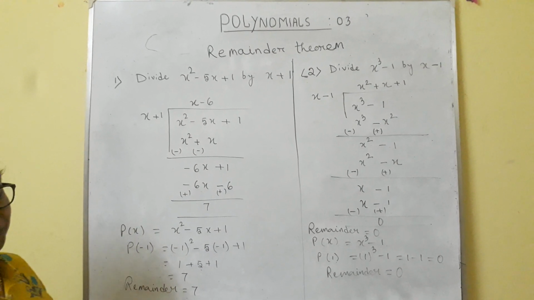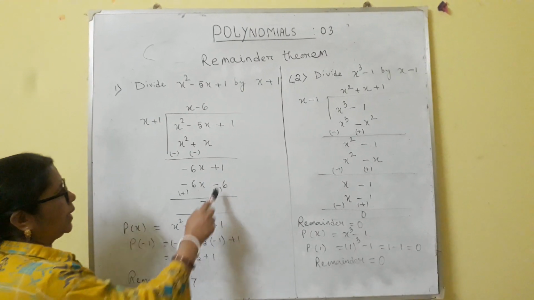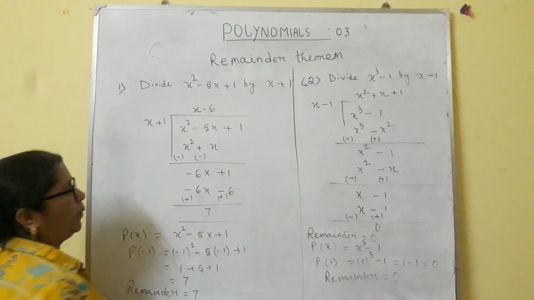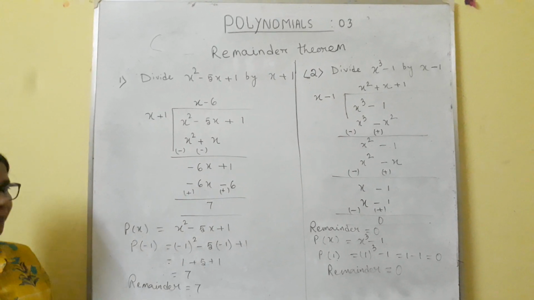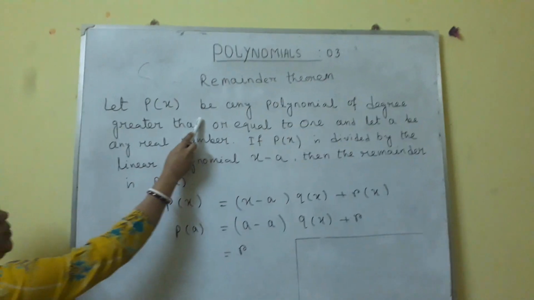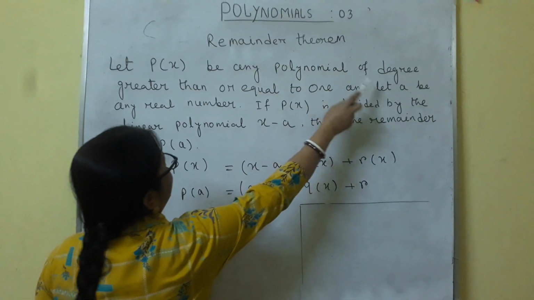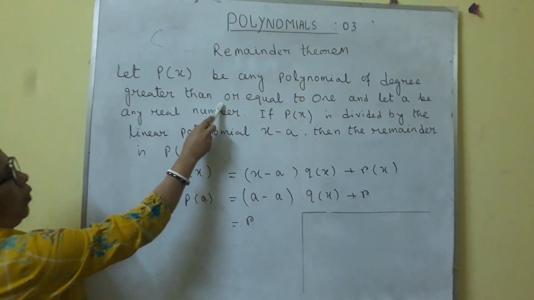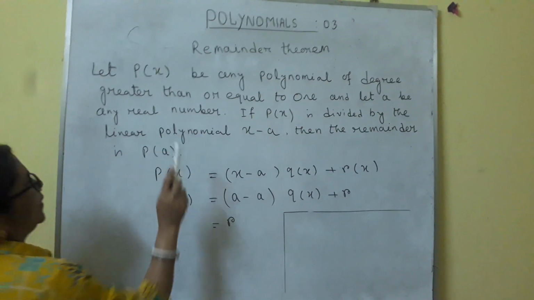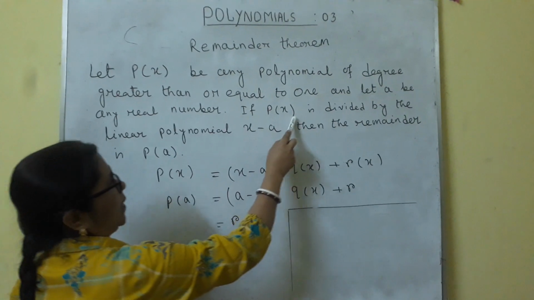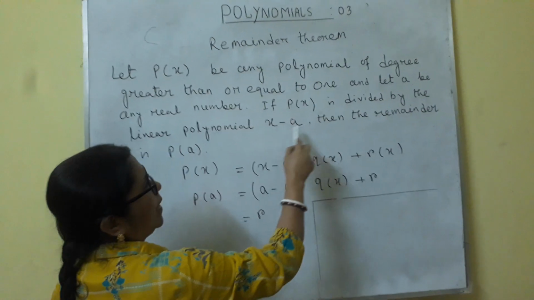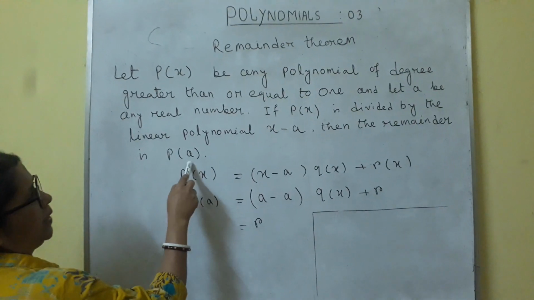Now we can generalize all these things by the remainder theorem. Now I will explain the remainder theorem. Let p(x) be any polynomial of degree greater than or equal to 1 and a be any real number. If p(x) is divided by the linear polynomial x minus a, then the remainder is p(a).